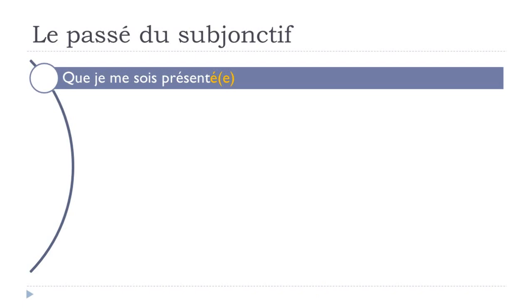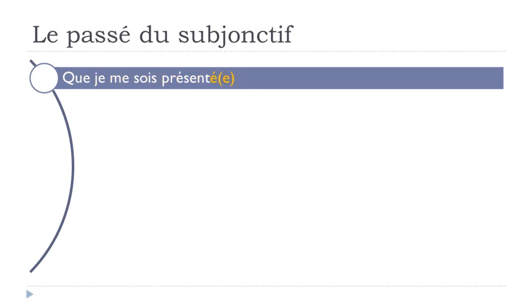And then now we can see these famous verbs, reflexive verbs, okay? So the ones that we saw with the se something, okay? Que je me sois présenté. Okay, so it will go like that. Que je, and then remember for these reflexive verbs, you've got to put this me, so je me sois présenté.